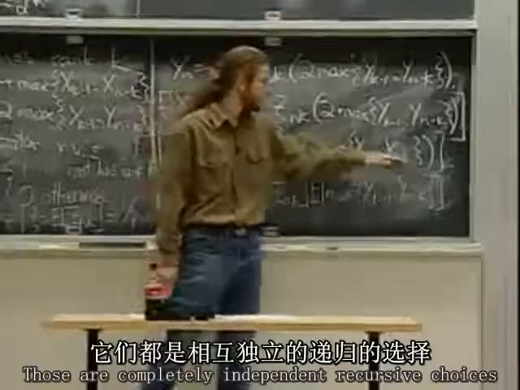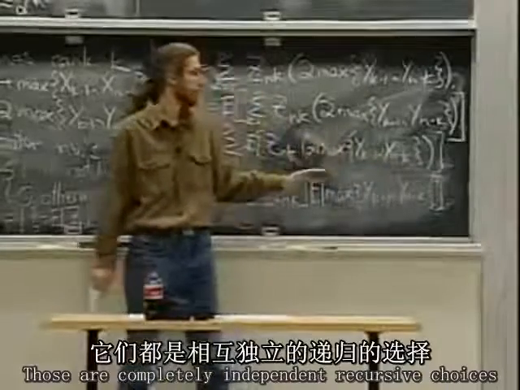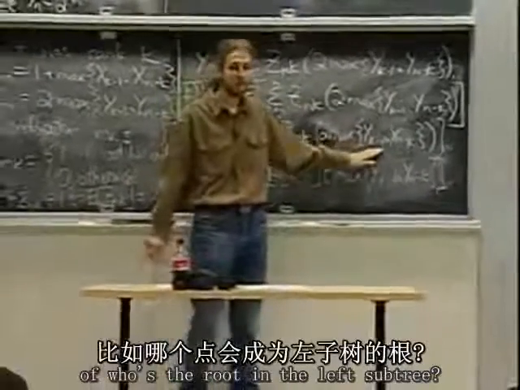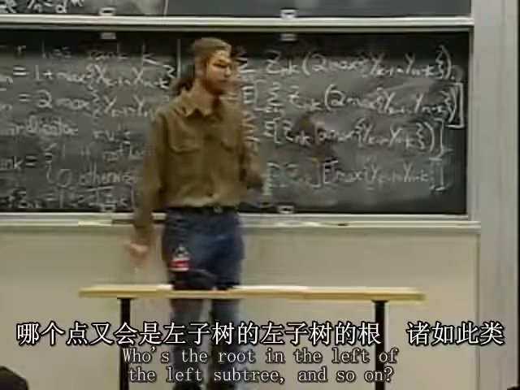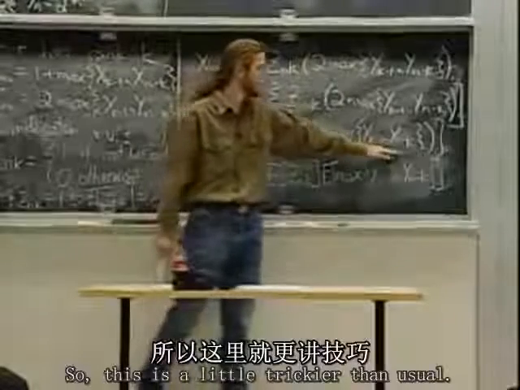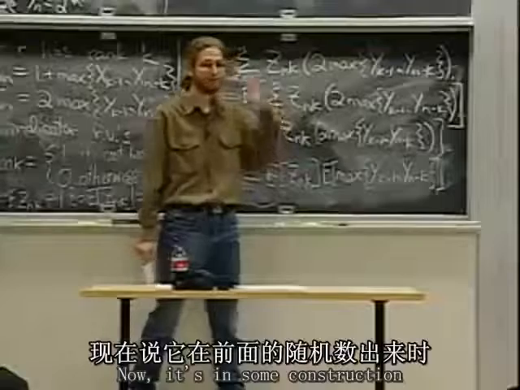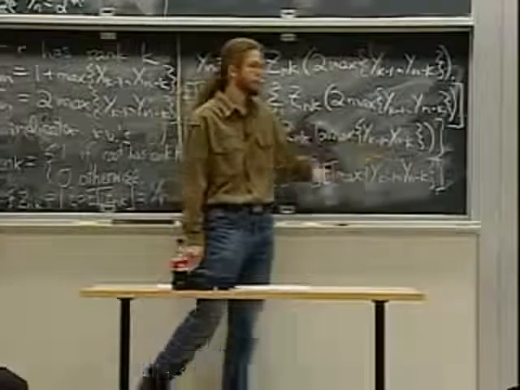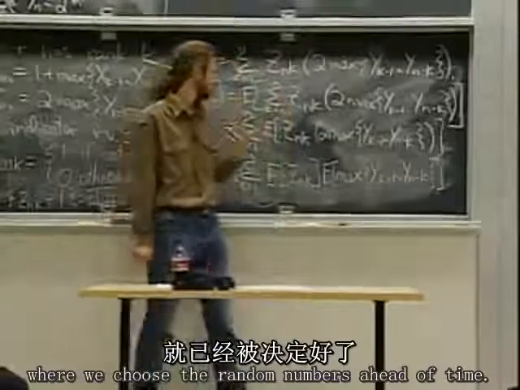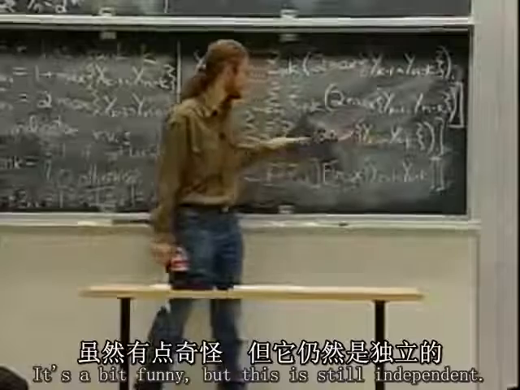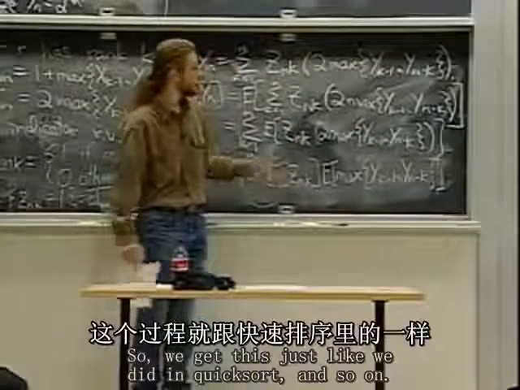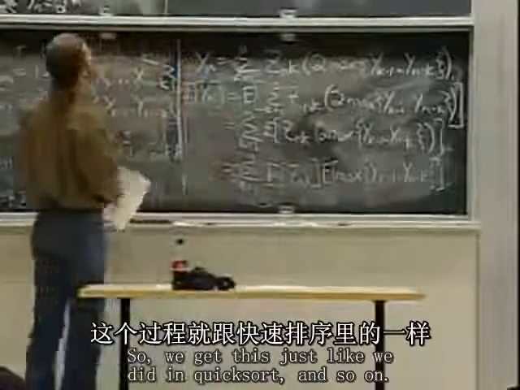Those are completely independent recursive choices of who's the root in the left subtree, in the left of the left subtree, and so on. This is a little trickier than usual. Before it was random choices in the algorithm. Now it's in some construction where we choose the random numbers ahead of time. It's a bit funny, but this is still independent. So we get this just like we did in quicksort and so on.